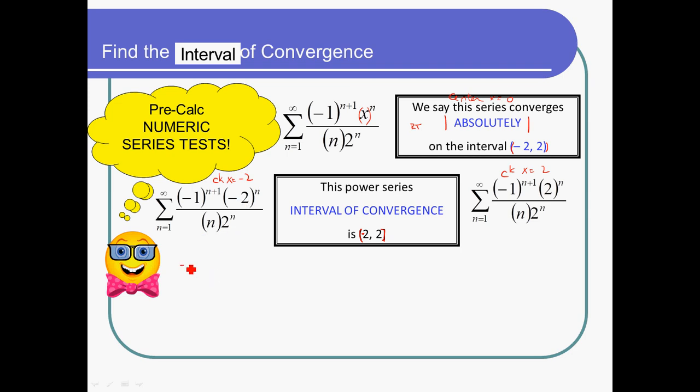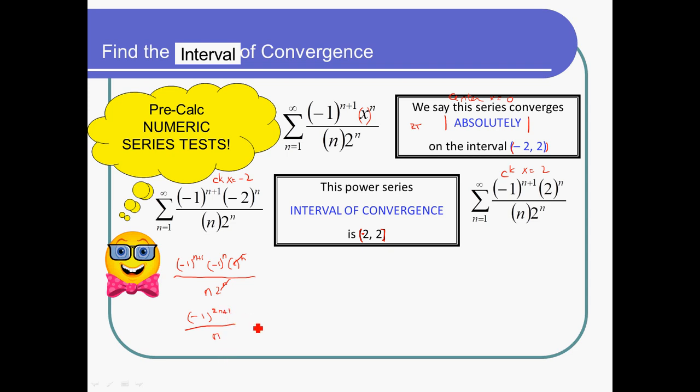So this is -1 to the n plus 1 over -1 to the n and 2 to the n, right? Over n times 2 to the n. Those crossed out. What is -1 to the n plus 1 times -1 to the n? Well, 2n plus 1 is what?